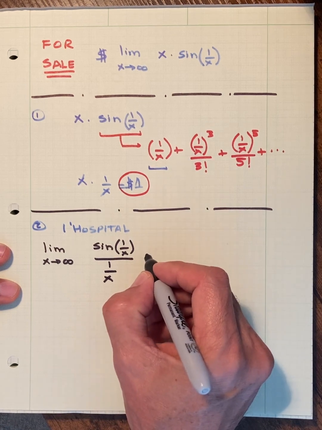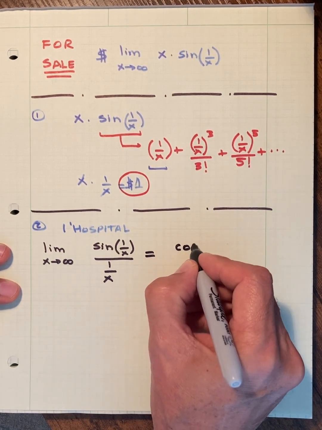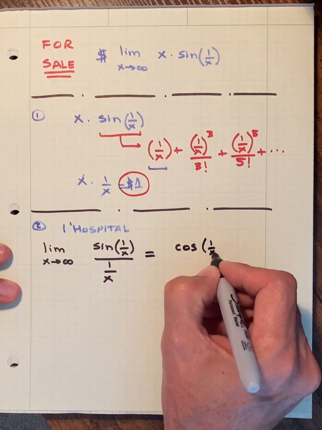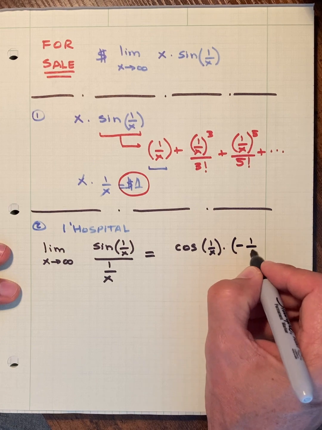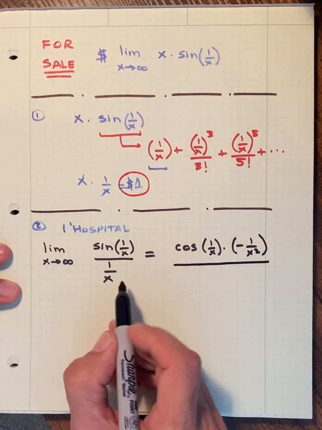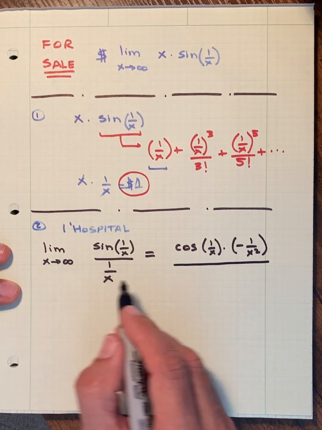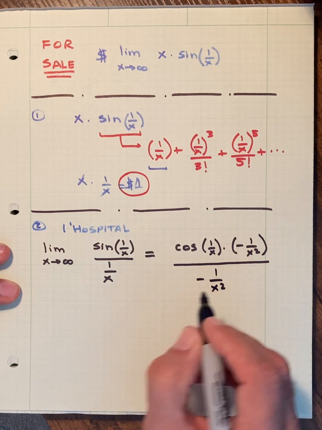Then using L'Hopital's rule, this becomes, of course, cosine of this argument using the chain rule times the derivative of the argument itself, which is minus 1 over x squared, divided by the derivative of the denominator, which again is minus 1 over x squared.